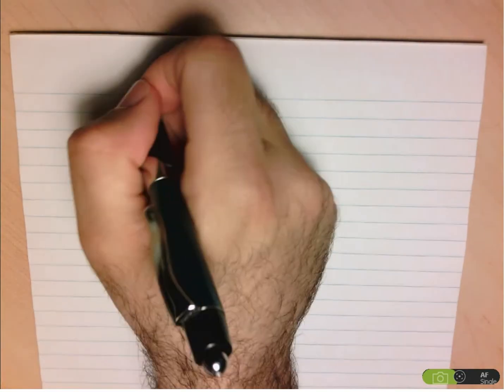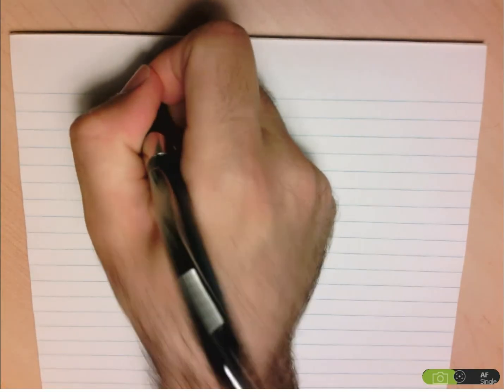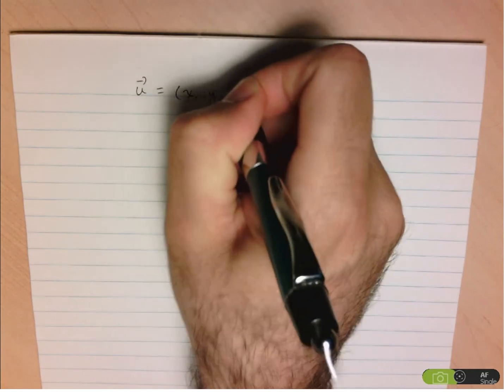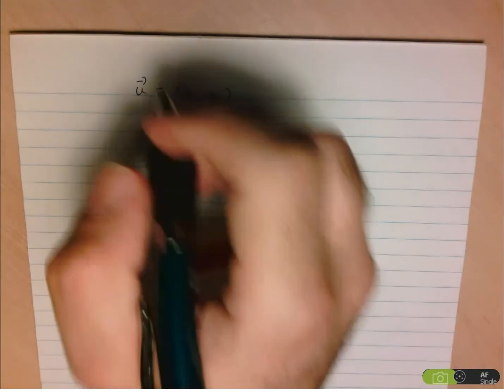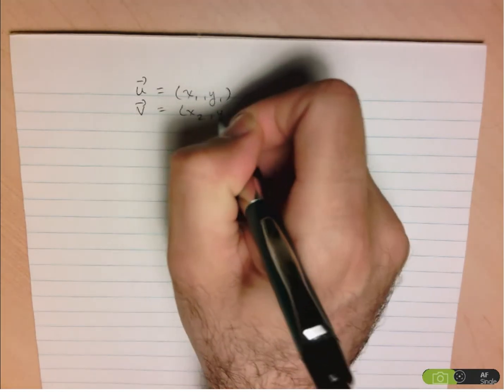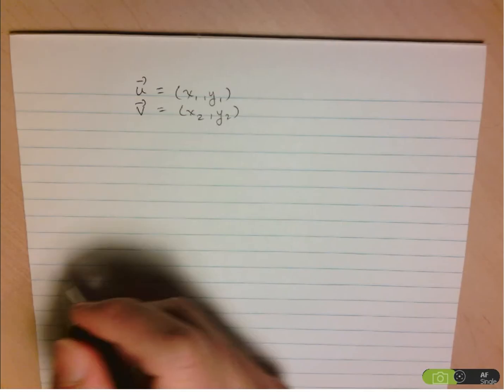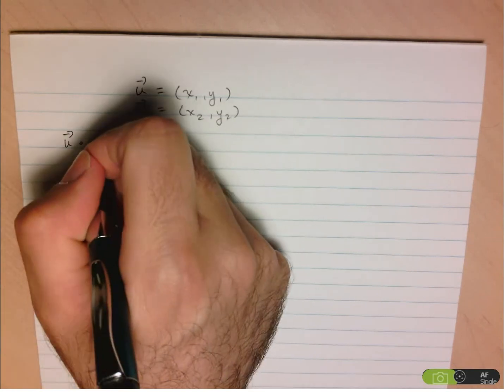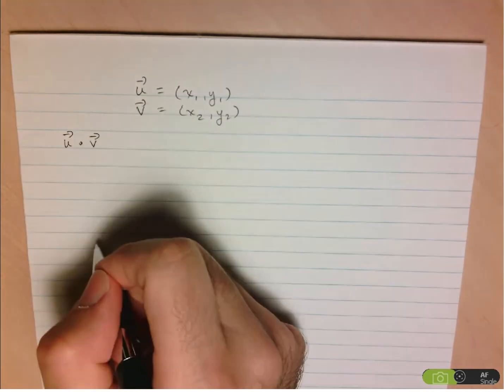If we take two algebraic vectors, and I'll call the first one x1, y1, so I want to do this as generally as possible, v will be x2, y2, and we want to define u times v, or u dot v is really what we say.